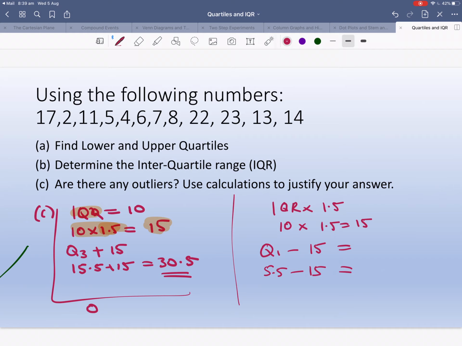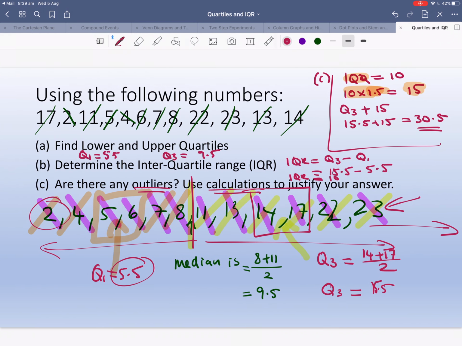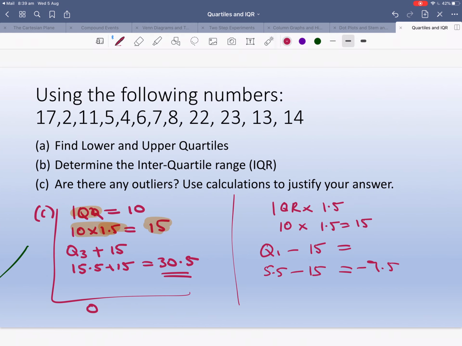So it looks like we don't have any outliers on either side. We're going to get minus 9.5. So is there any numbers that are less than minus 9.5? No, there isn't. We're still in the positive numbers of 2. Let me explain something.